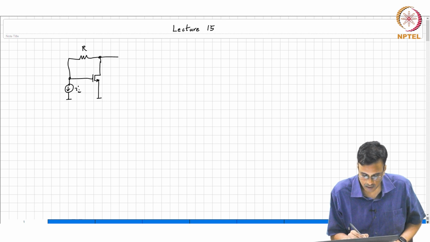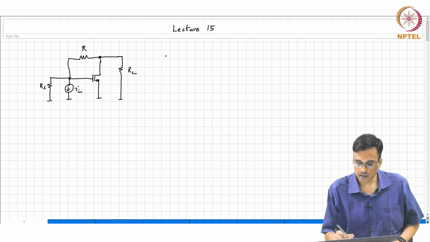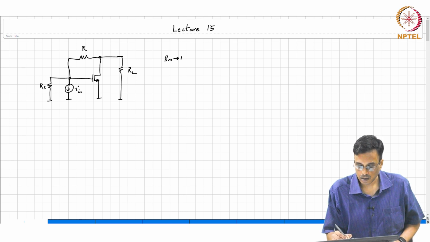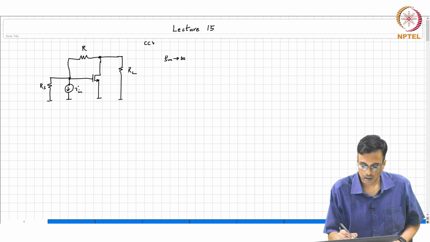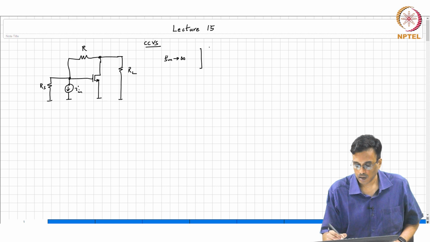This is IN, this is RL, and if you assume that the current source has some internal resistance RS, then if Gm tends to infinity, what comment can we make about the input resistance?